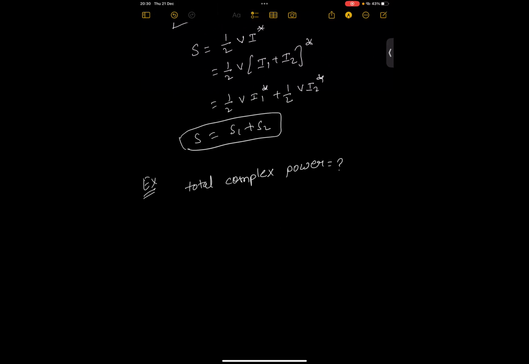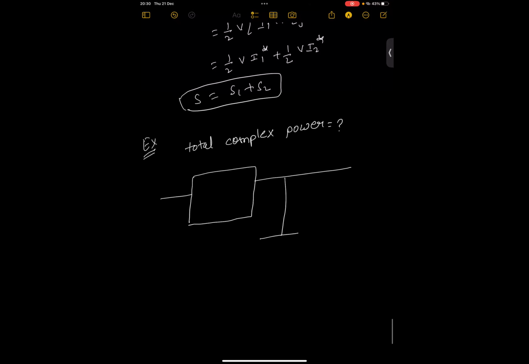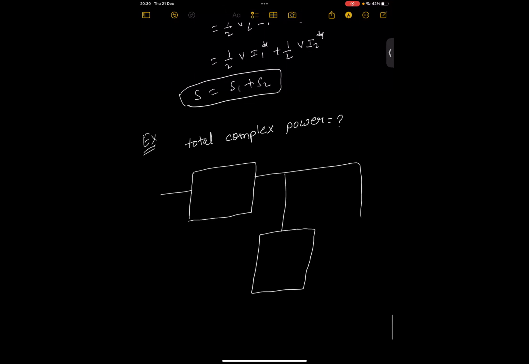We have to calculate it. Where does current I flow?